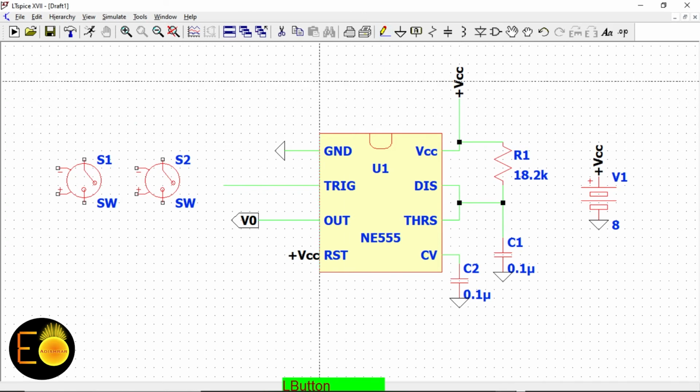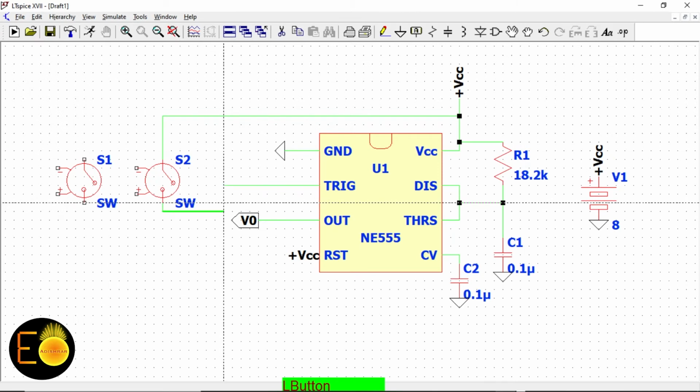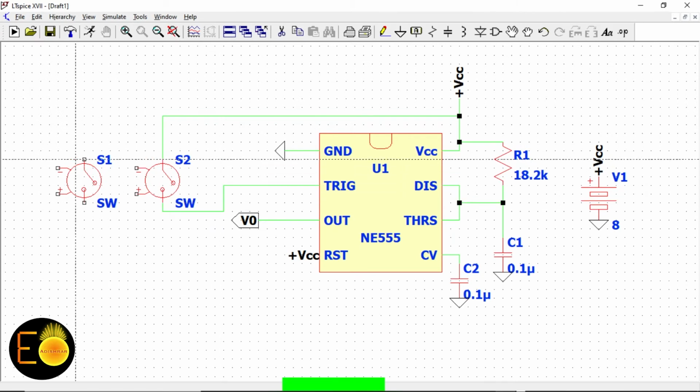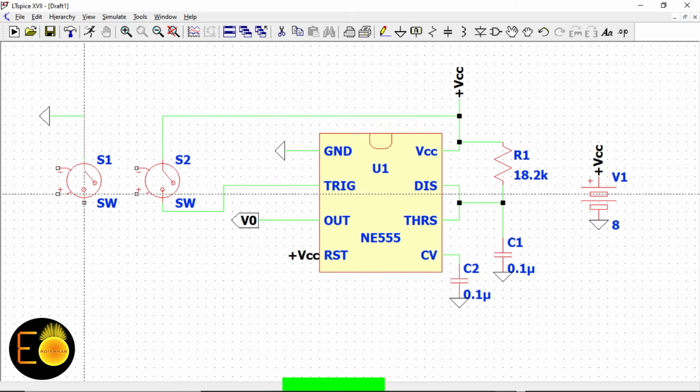So here I'm going to use this one to connect this VCC, say, and the other terminal will connect this trigger, and another terminal will connect the ground with the trigger.